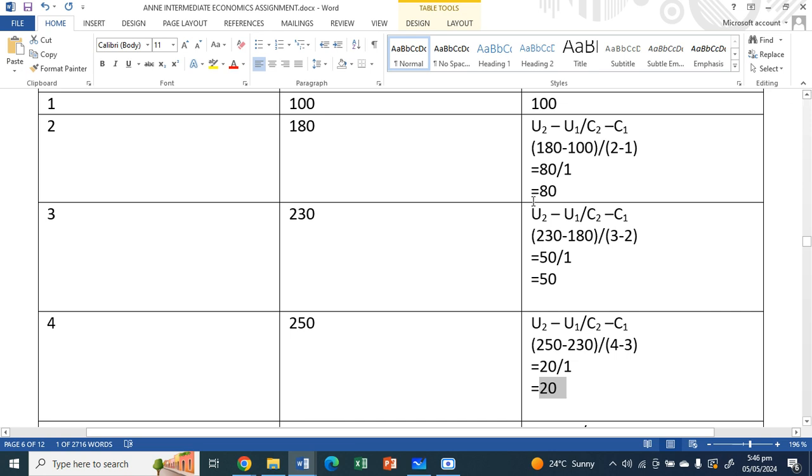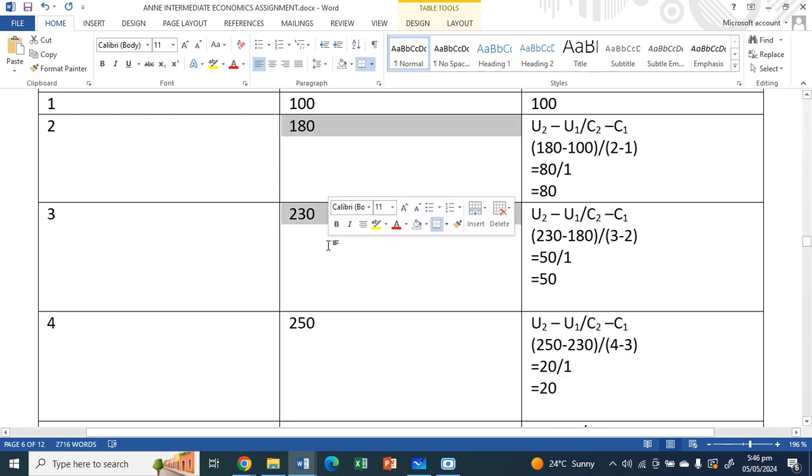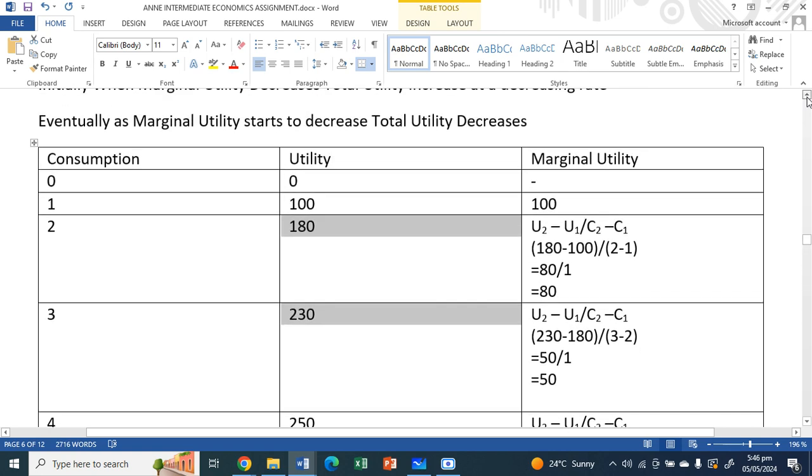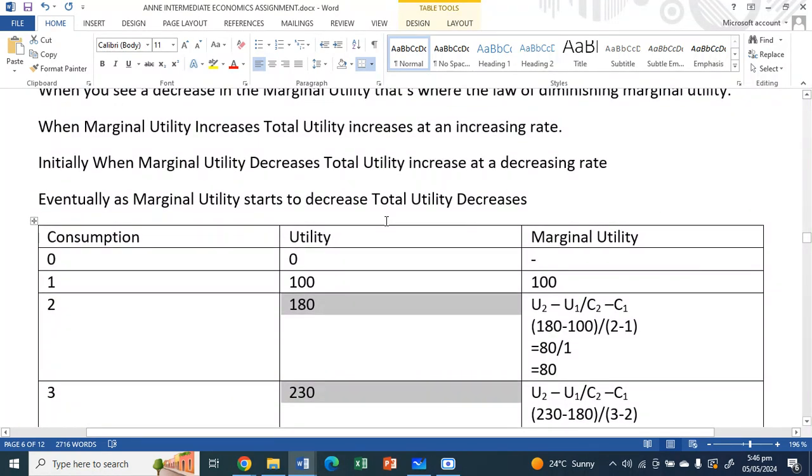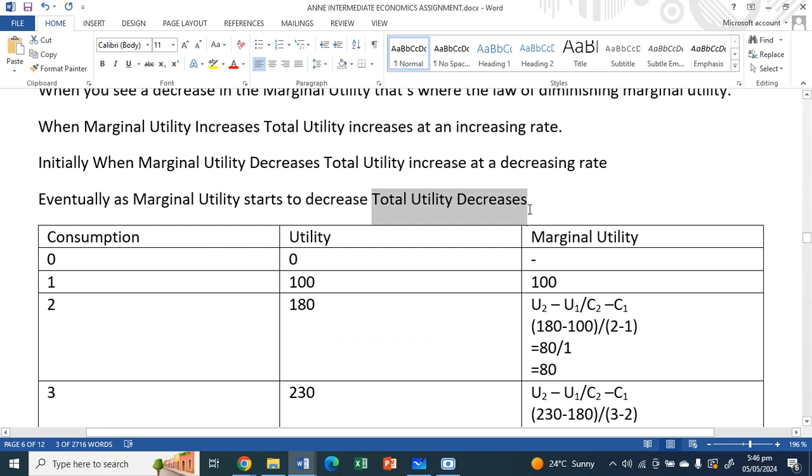Because if it were increasing at an increasing rate, maybe from 180 you go to 300, from 300 to 500, from 500 to 700, that's increasing at an increasing rate. But as you can see, the increase in the utility is in small parts, until it reaches the point where total utility just starts decreasing.